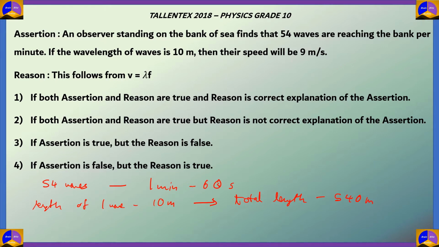And the total time taken is 60 seconds for 54 waves. So what we're going to do is find the speed of the wave by taking the total length and dividing it by the total time. So we know that velocity of the wave is displacement divided by time.